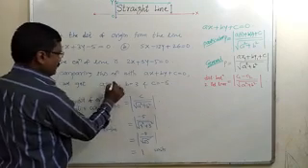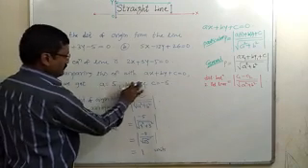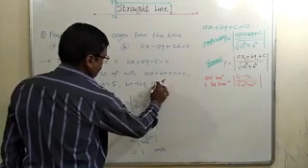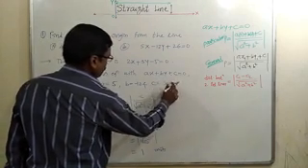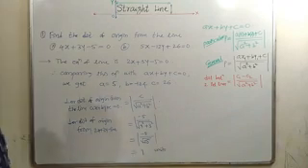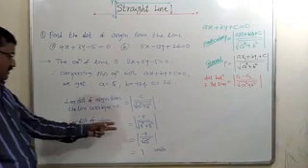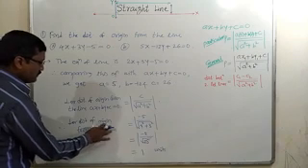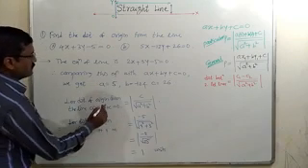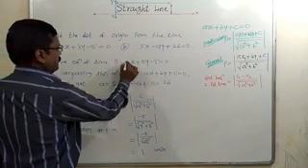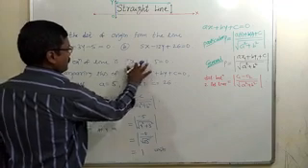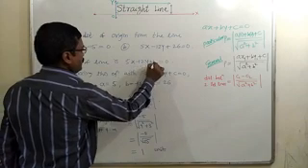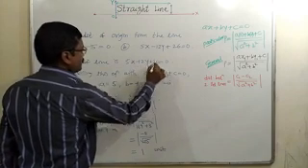Here a will be 5, b will be minus 12 and c will be 26. Okay, so use those values here. Instead of this line, the equation of line will be changed. It is 5x minus 12y plus 26.